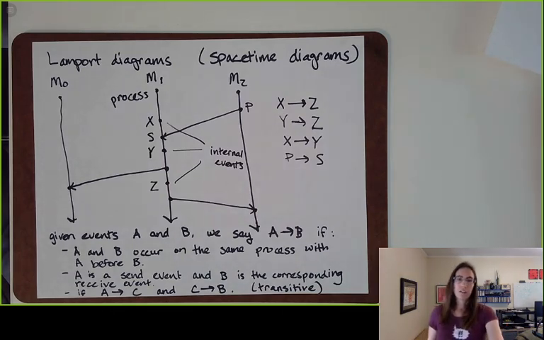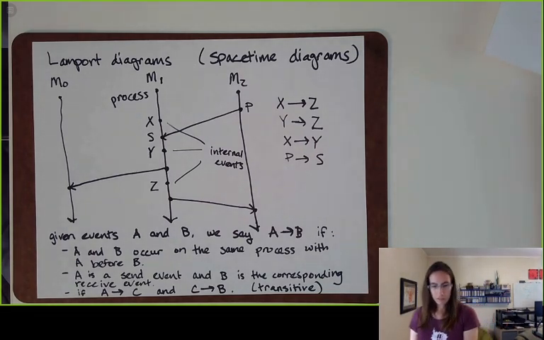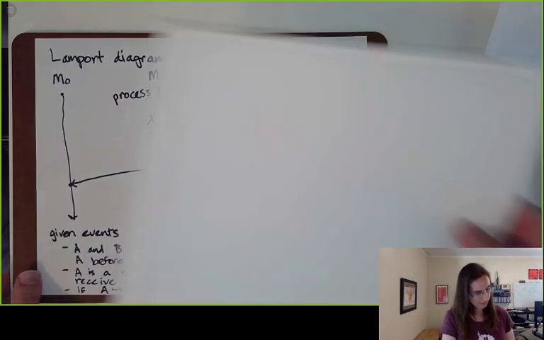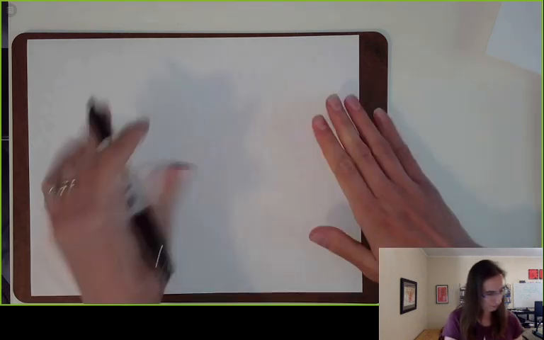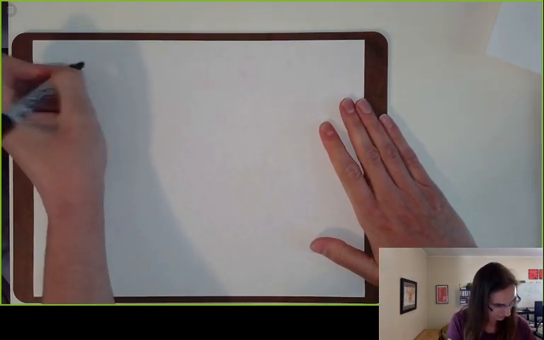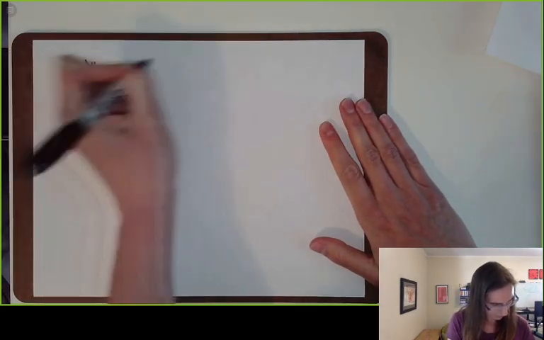Okay, so now that we've introduced this notion of happens before, let me show you a classic Lamport diagram. It involves some strong language. So let's say that we have Alice, Bob, and Carol.